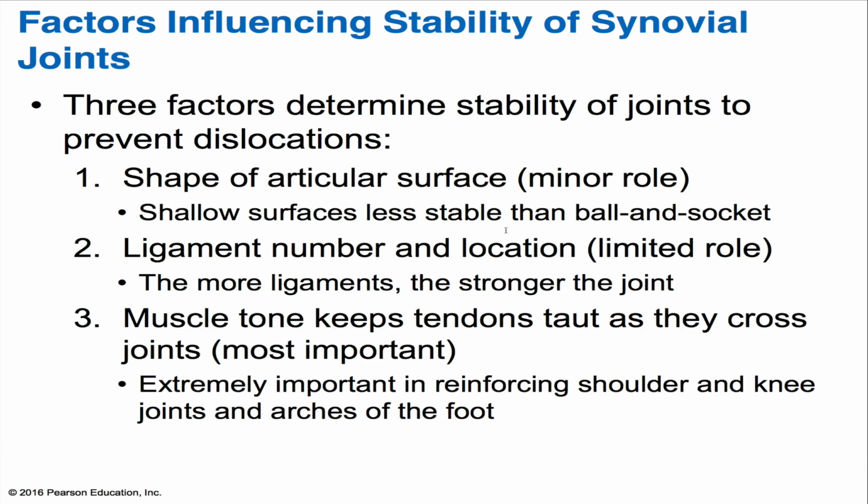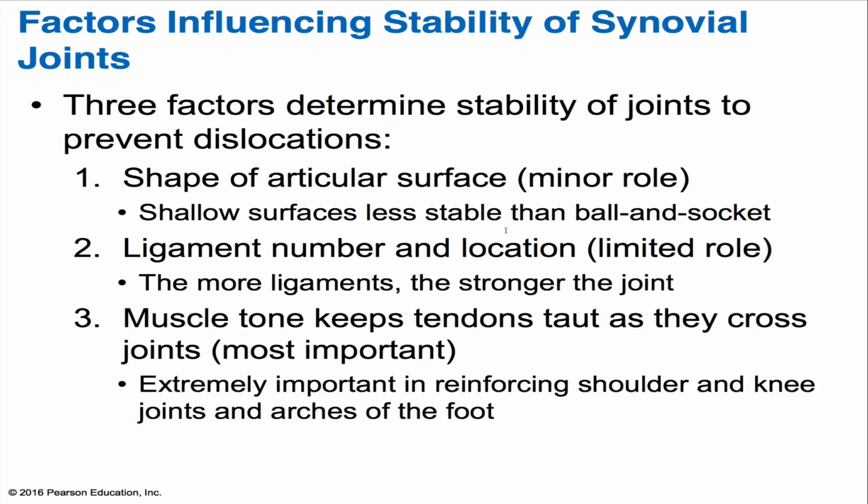Now, the other thing is ligaments and their number and their location. This also plays a limited role. However, with that said, the more ligaments that you have, the stronger the joint is going to be. Now, the most important of the three things is muscle tone. Muscle tone is essentially the amount of contractility a muscle still has when it is relaxed.